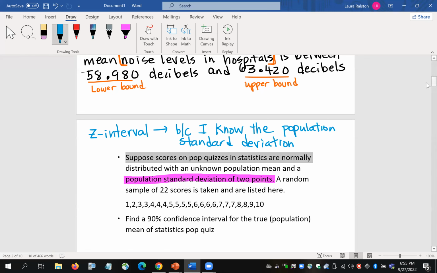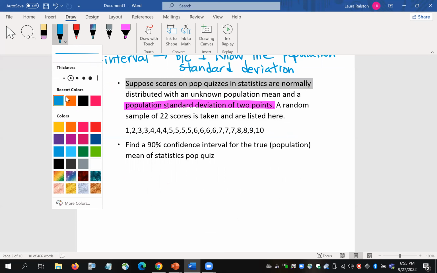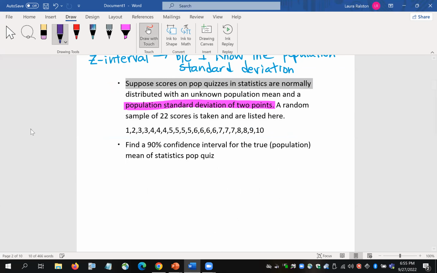The other thing that is different about this problem is that it gives me the raw data. See, it gives me this list of numbers. This list of numbers is the raw data. And typically when we have the raw data, we're going to be given the sample size, or I can figure it out.